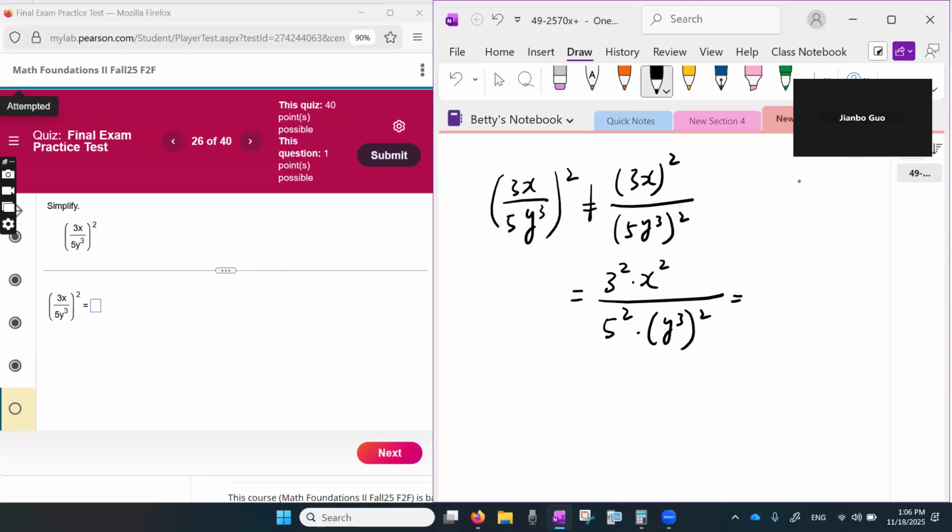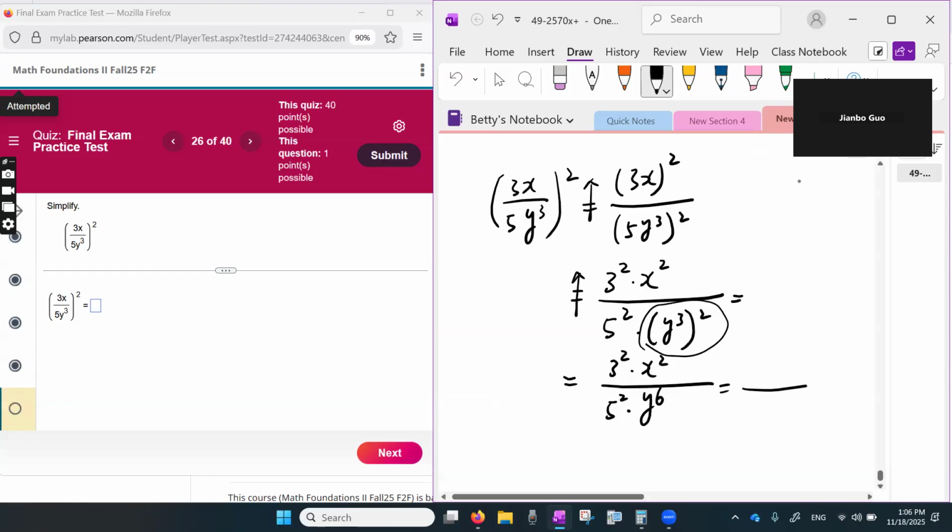All right, this step, we use the power of quotient. This step, we use the power of a product for both numerator and denominator. And next step, we're going to use the power rule to simplify this part. Y cubed to the power 2 is the power rule, y to the power 6. 3 to the power 2 is 9. 5 to the power 2 is 25.